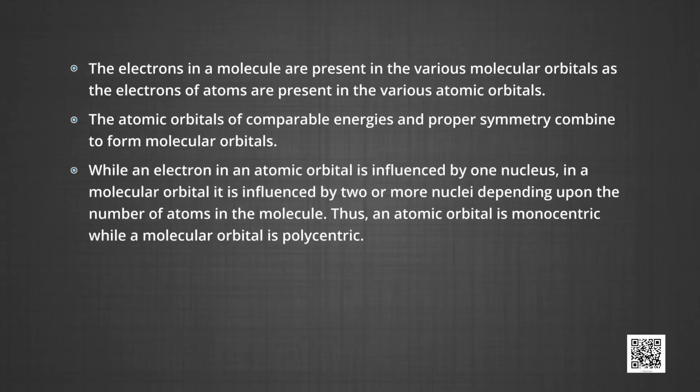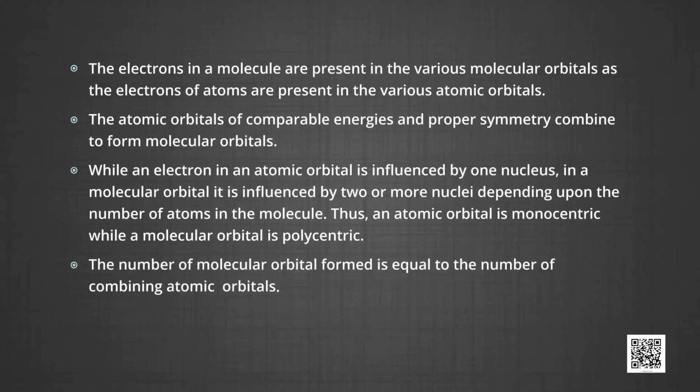While an electron in an atomic orbital is influenced by one nucleus, in a molecular orbital it is influenced by two or more nuclei depending upon the number of the atoms in the molecule. Thus, an atomic orbital is monocentric while a molecular orbital is polycentric. The number of the molecular orbitals formed is equal to the number of combining atomic orbitals.